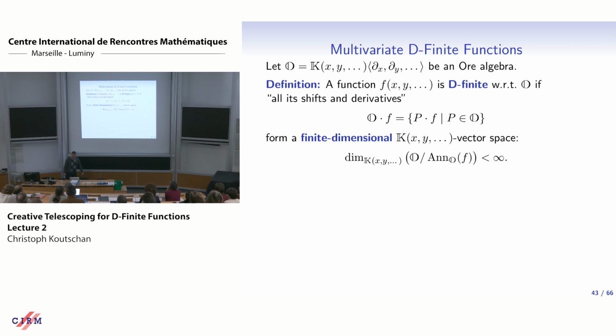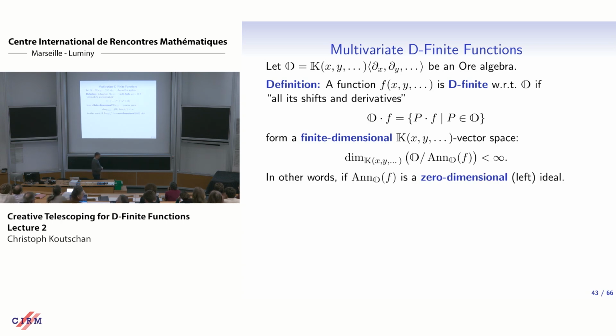Okay, and well, this is nothing else but saying that if you take the quotient of your ring with the annihilating ideal, and you look at the vector space dimension over the rational function field, then this is a finite dimensional vector space. Or in the language of algebra, we say that this ideal is a 0-dimensional ideal. And of course, I should always say left ideal, but I'm sloppy and sometimes omitting this.